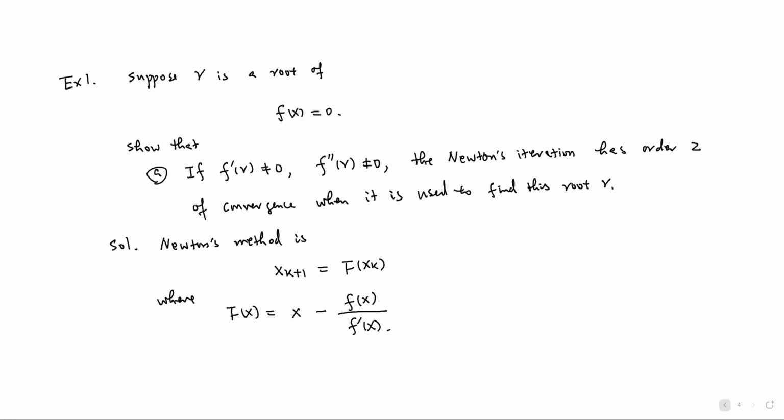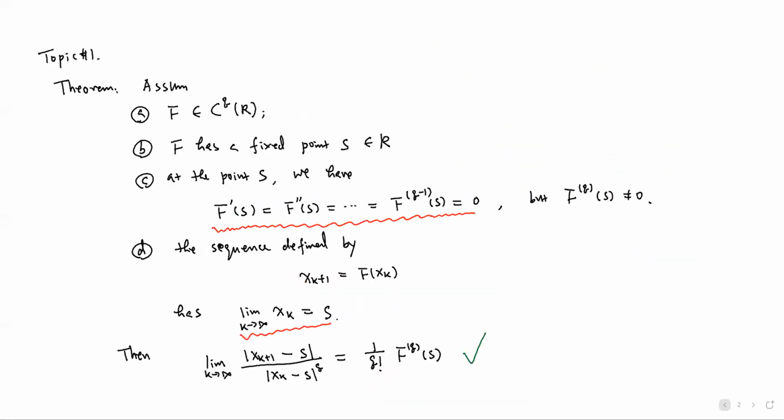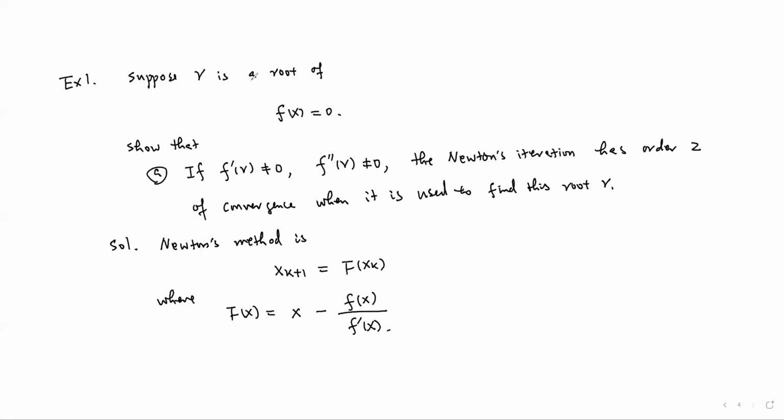In this theorem, we need to have a fixed point of capital F. It turns out that R is a fixed point of this capital F. How?